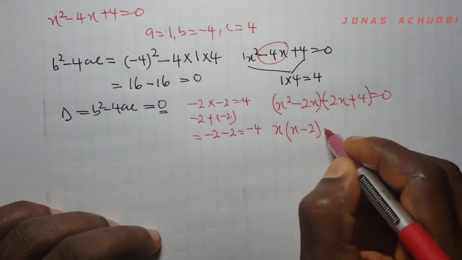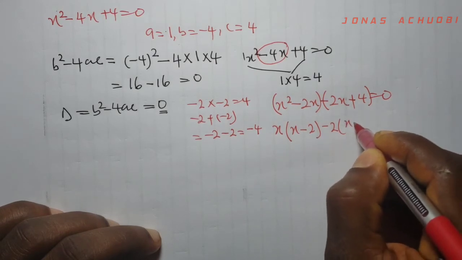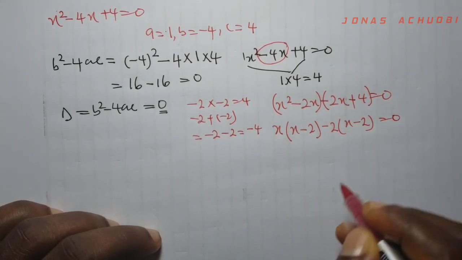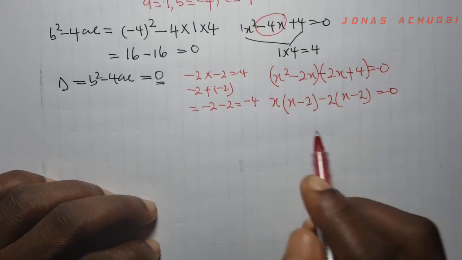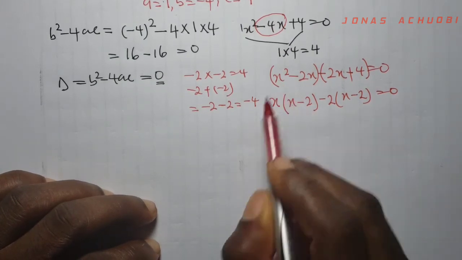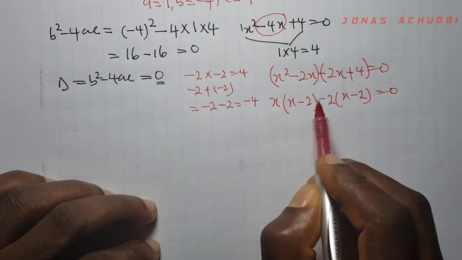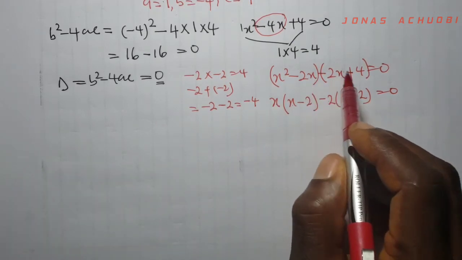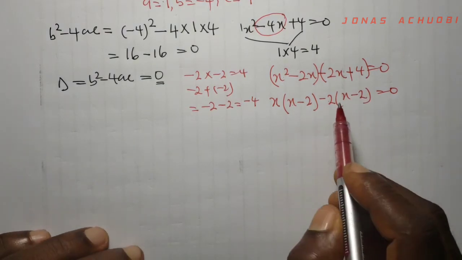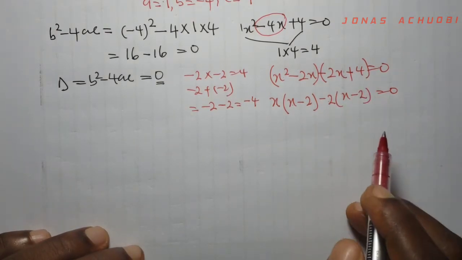In the second bracket, we factorize minus 2, and we have x minus 2 also left. We'll take a second to confirm. x times x is x squared. x times minus 2 is minus 2x. Minus 2 times x is minus 2x. And lastly, minus 2 times minus 2 is plus 4.